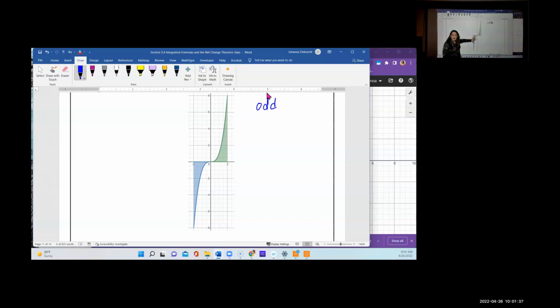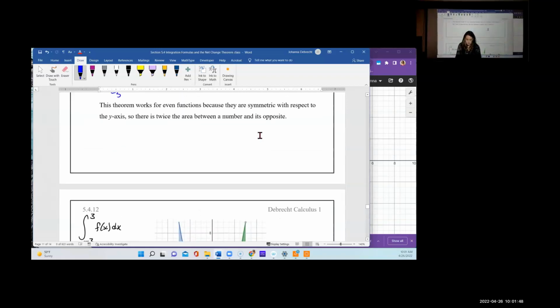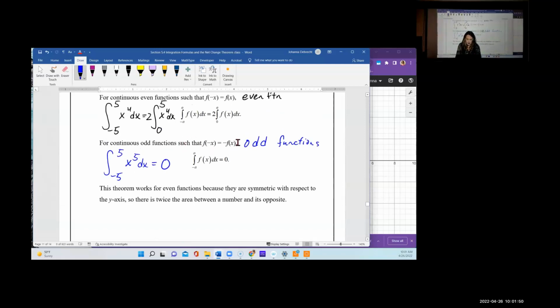And so 7 minus 7 gives you 0. So there's 0 net area. So this says if you have an odd function like sine or x to an odd power, then you know that the area between a symmetric limit of integration is going to be 0.